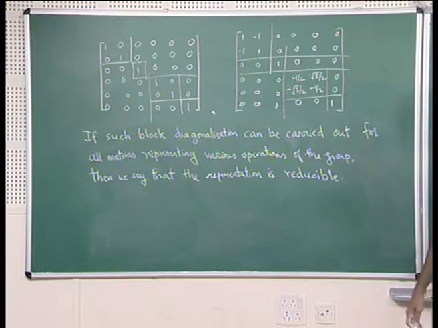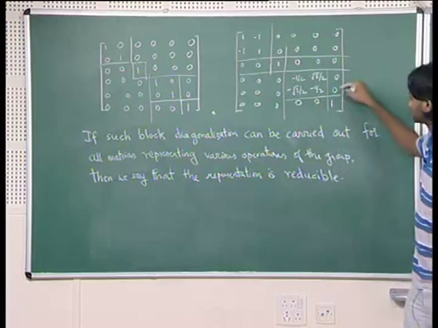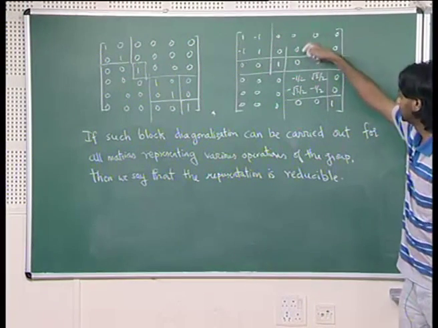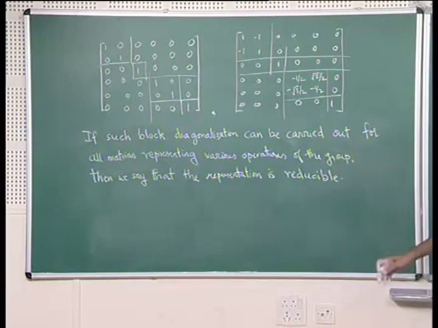Okay, so basically what we try to do is to break up our matrix into blocks such that there are zeros outside the blocks. Okay, and you try to do this for all the elements.